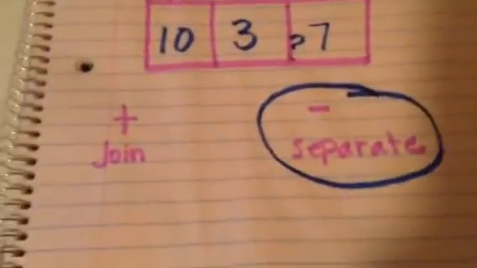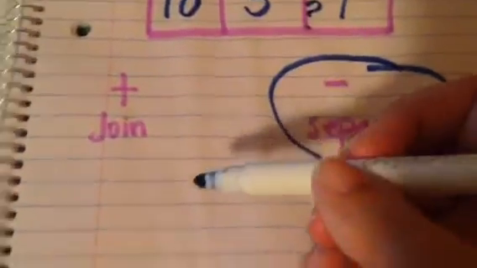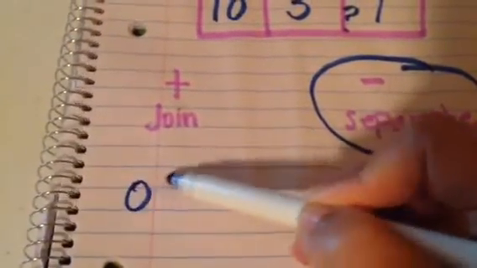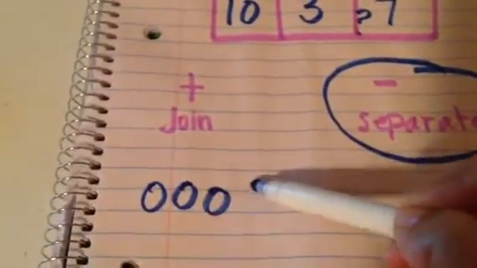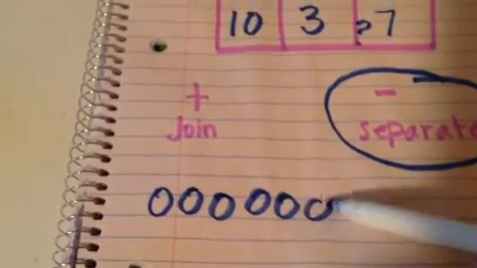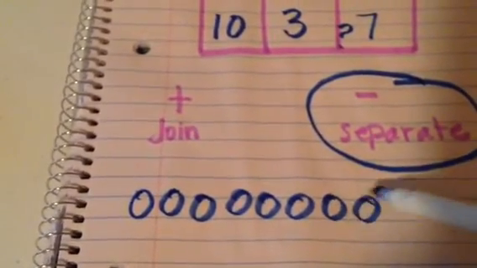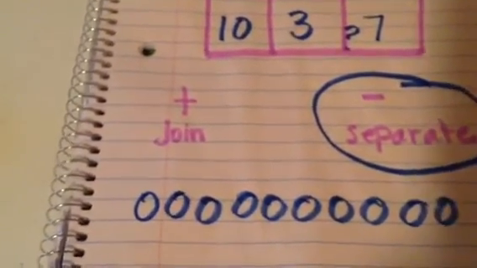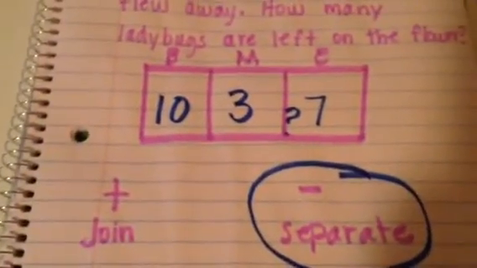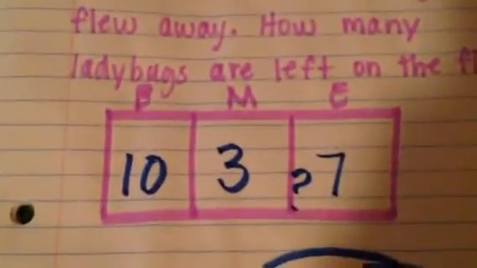Now we have to do a pictorial model before we write our number sentence. Using your pencil or your crayons, you can draw how many ladybugs? 10. 1, 2, 3, 4, 5, 6, 7, 8, 9, 10. How many are you going to take away? 3, that's right.